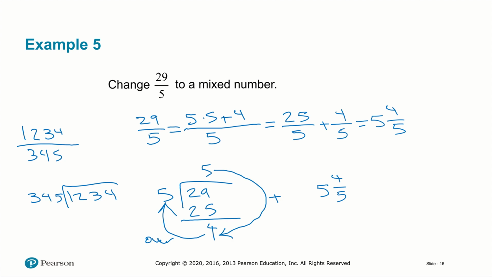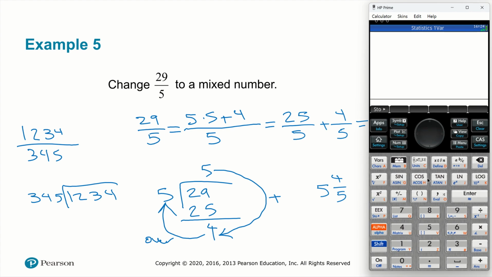Now, we are going to divide. In other words, we're not going to completely rely on technology, but we will utilize it a bit. So let's go 1, 2, 3, 4 divided by 345, right? So we get 3 and change, right? So what we're interested in is the 3.